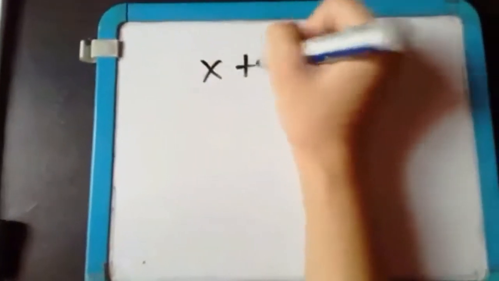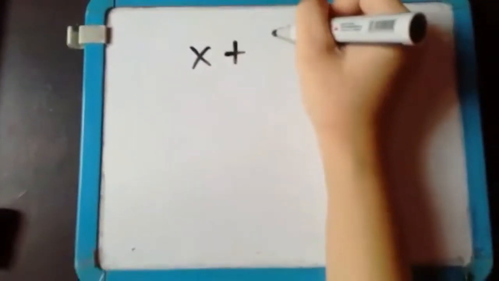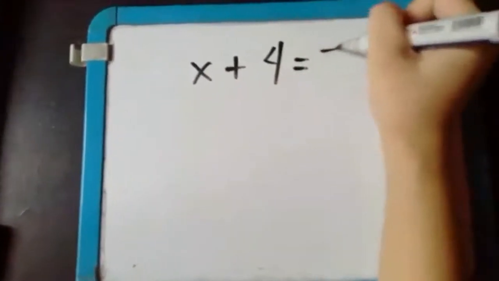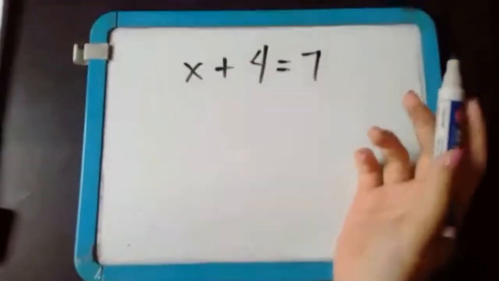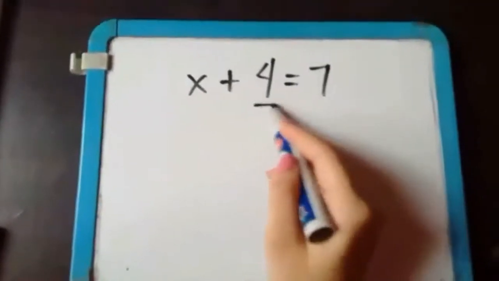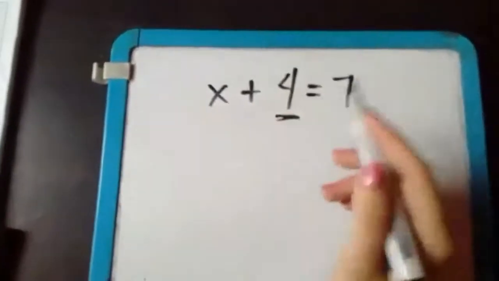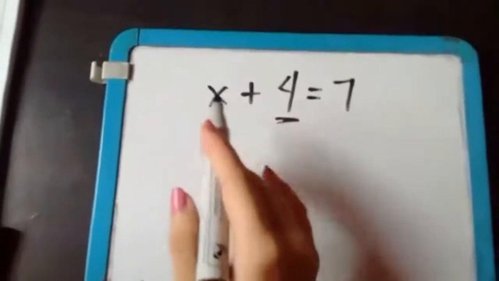Okay, the first equation is x plus y is 7, so we're going to write it as x plus 4 is equal to 7. So now I substituted the value of y here, which is 4, and now we're going to solve for this. We're going to find the value of x this time.